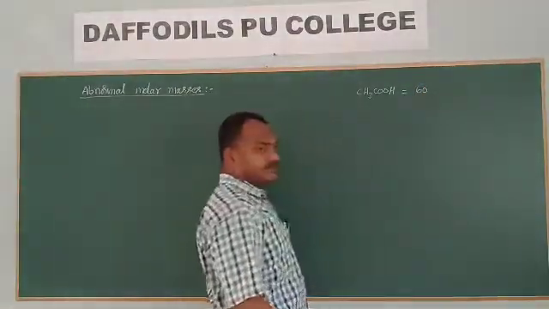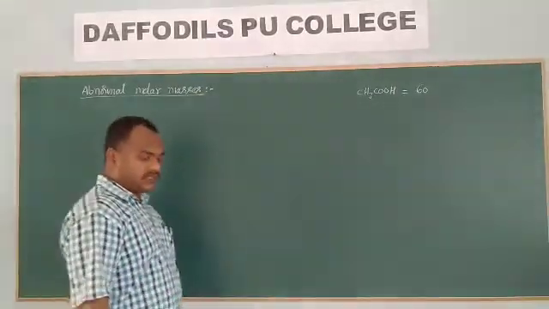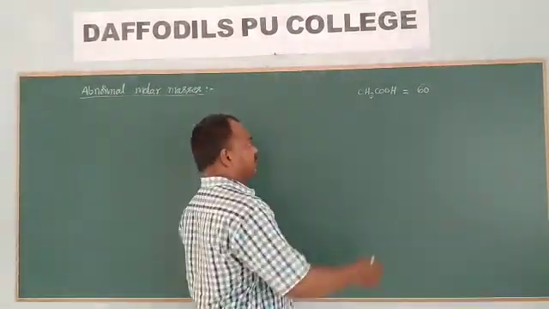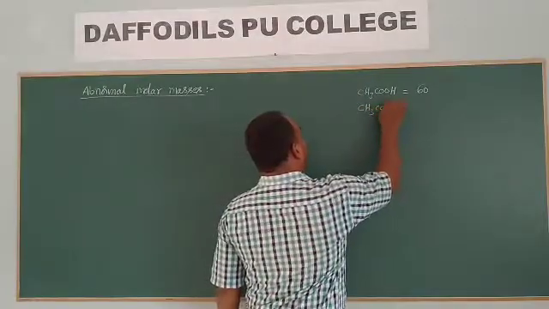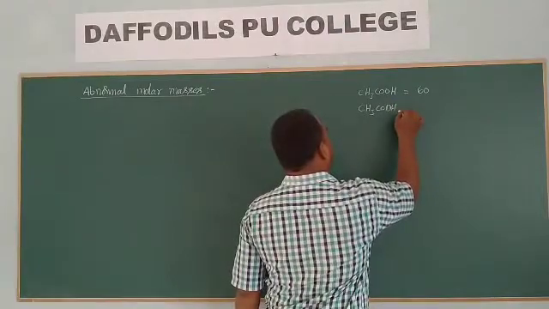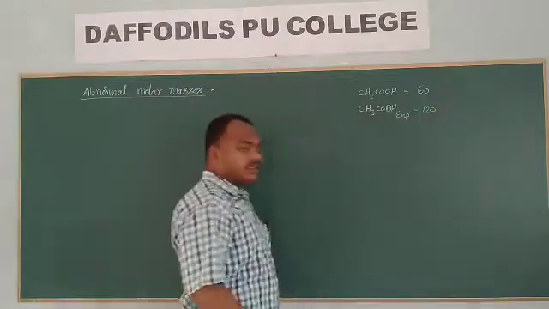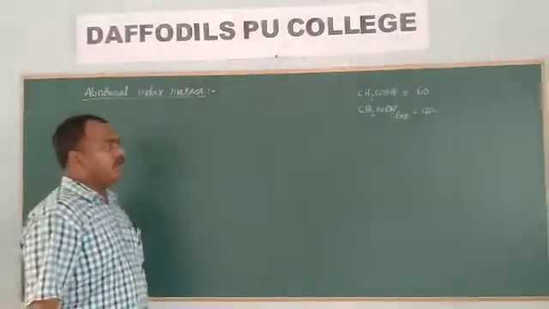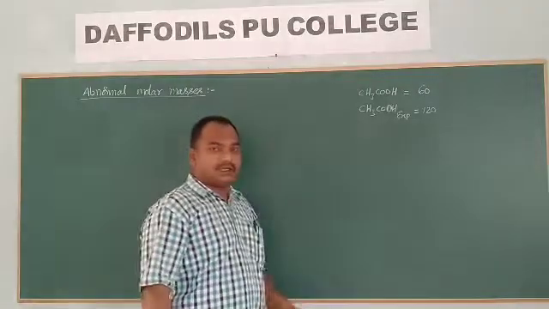It is 60. When the molecular weight of acetic acid is found using a colligative property experiment, it appears as 120. So why is this much difference appearing? Why did it become double?